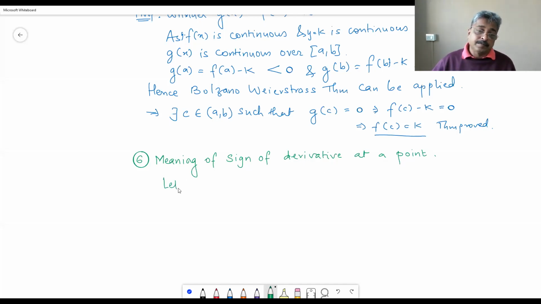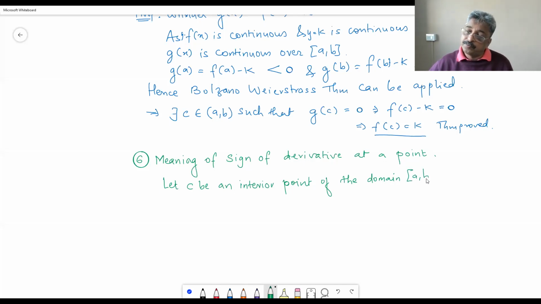Let c be an interior point of the domain of function f.